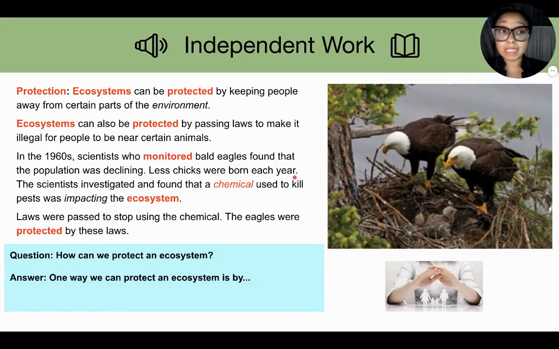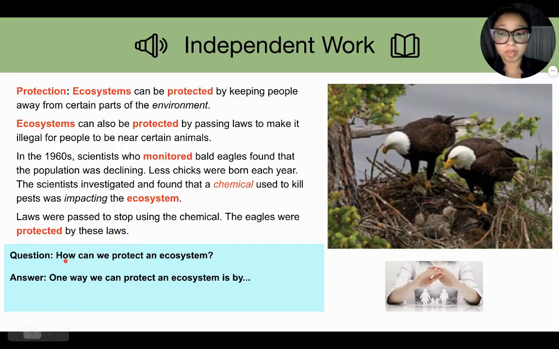Fewer chicks were born each year. The scientists investigated and found that a chemical used to kill pests was impacting the ecosystem. Laws were passed to stop using the chemical. The eagles were protected by these laws.